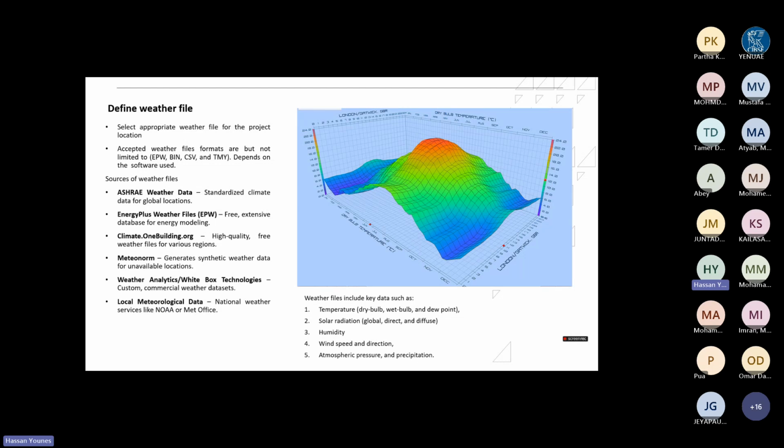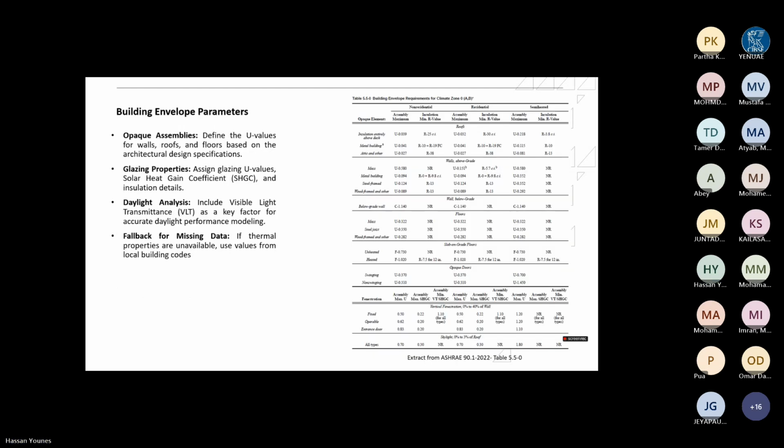There are other ones where you can create the weather file, like Meteonorm, for example. If you are in a location and you don't have any existing weather station, you could use that to produce the weather file. And typically that would have the temperature, dry bulb, wet bulb, dew point, humidity, solar radiation, wind speed, and so on and so forth.